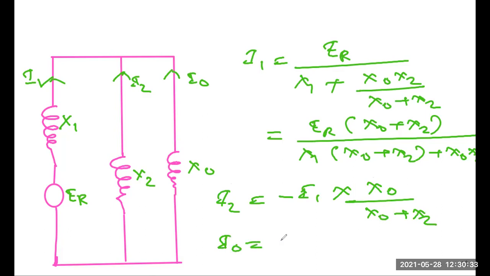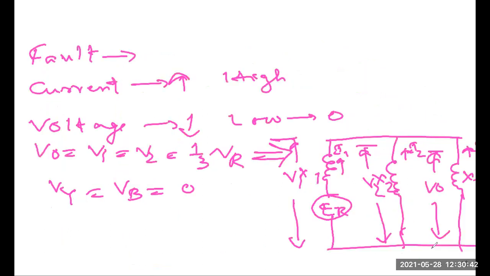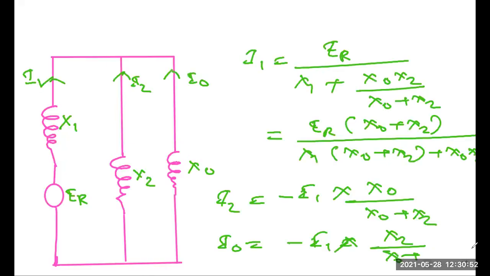And I0 equal to minus I1 into X2 by X0 plus X2. Okay or no? Clear? Yes or no?